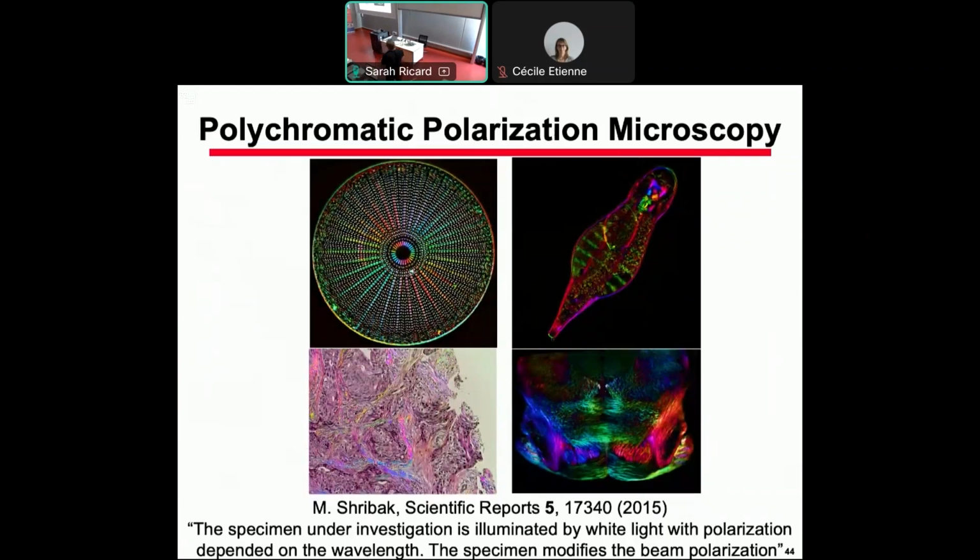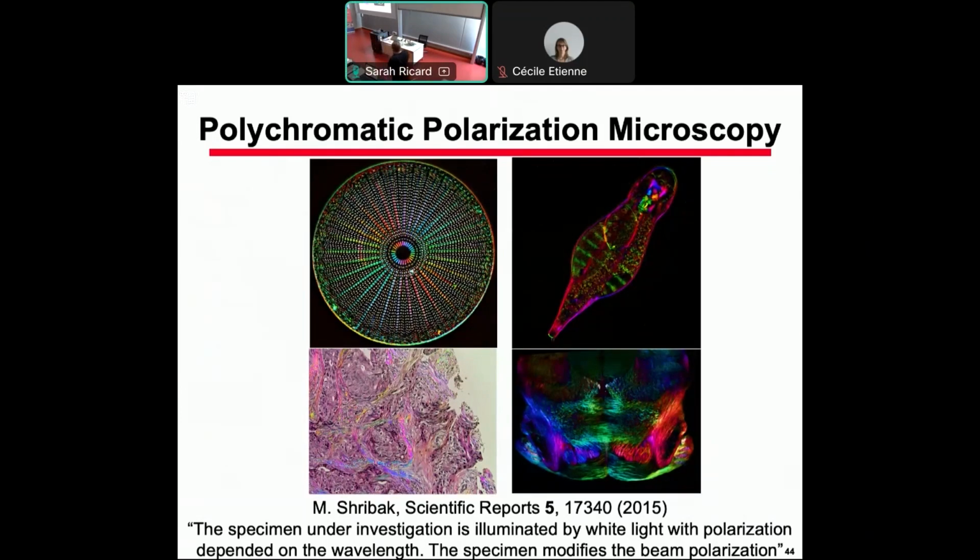And the second part was solved very recently. This is the gray band of the Michel-Lévy chart, where you cannot measure the polarization effects. It's from 2015, and the trick is almost so easy that one wonders why nobody did it before. In fact, they used white light, but with polarization which is dependent on the wavelength.